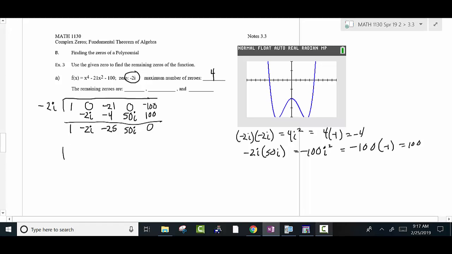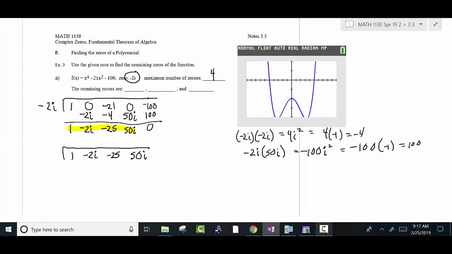Now what you do, we did one of these in the last section, is you take the result and you have to divide another 0 into this result. So that result is 1, negative 2i, negative 25, and then 50i like that. Now, I only gave you one 0. Do you know another 0? Yes.